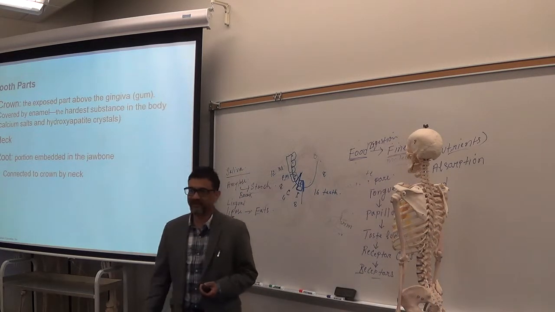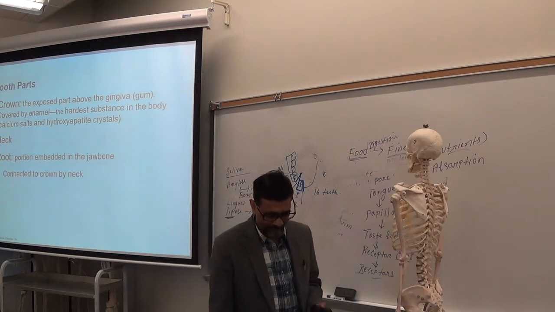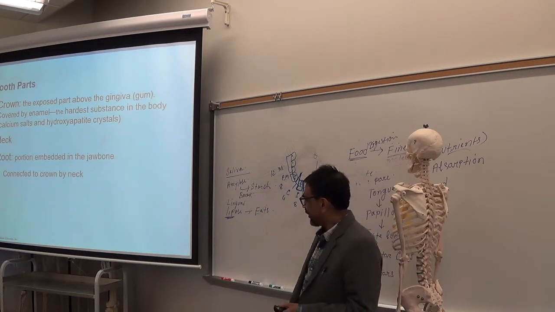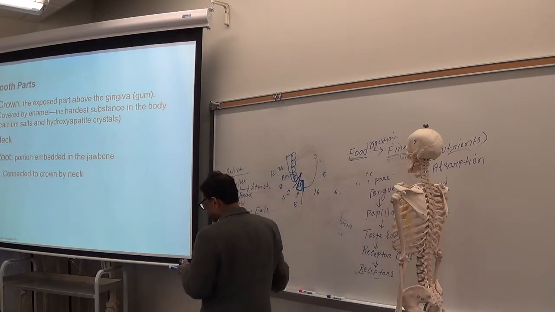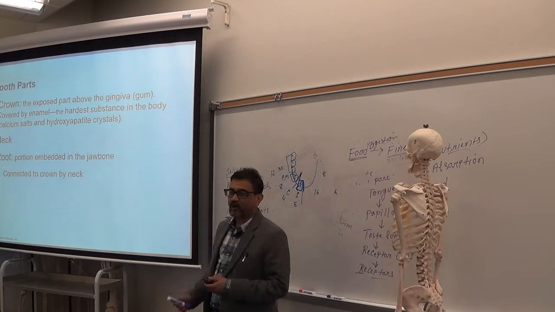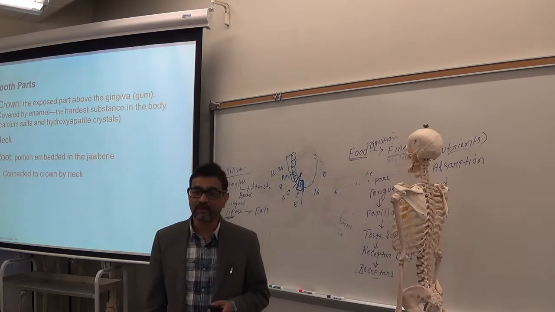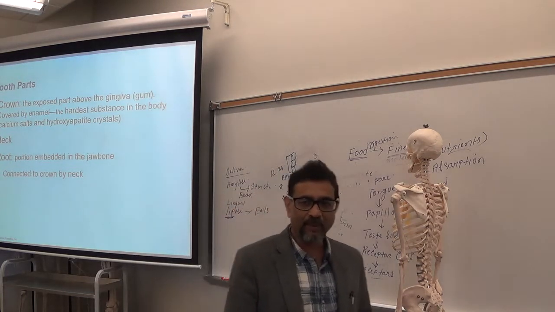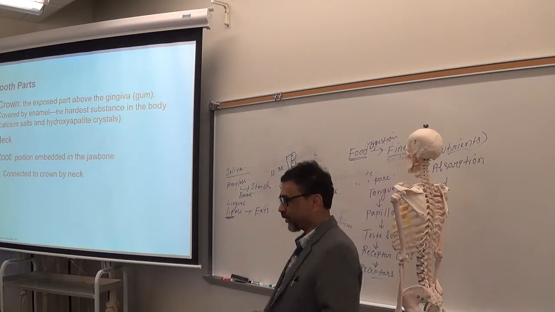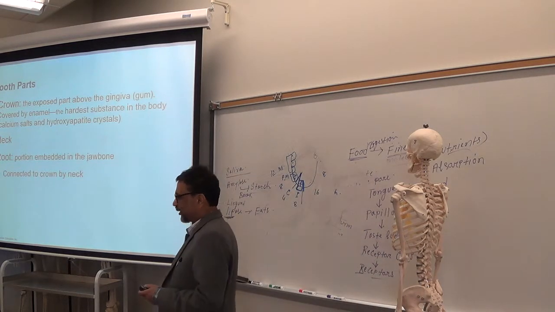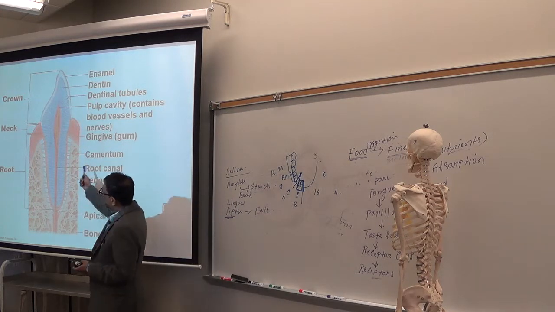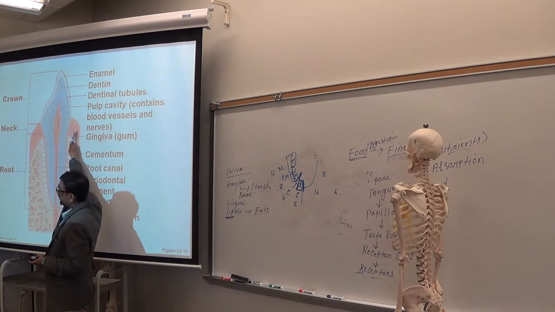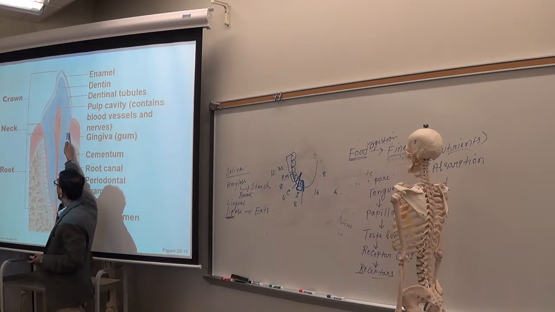Parts of a tooth. If you see a tooth, it has 3 parts. The part you can see from outside is called the crown. And the part inside the gum or gingiva is called the neck.